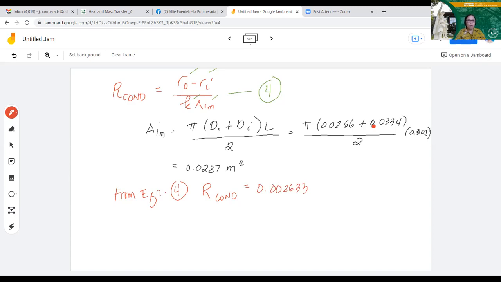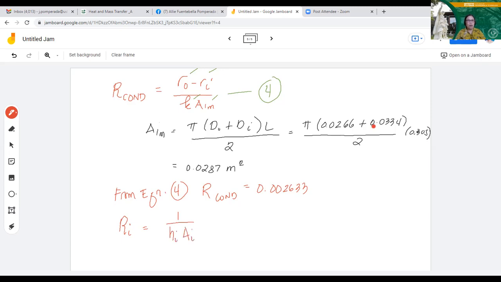Now we go to R sub I, taking into account the film coating the inner part of the wall where your water is flowing. The formula for this is 1 over h sub i, A sub i.